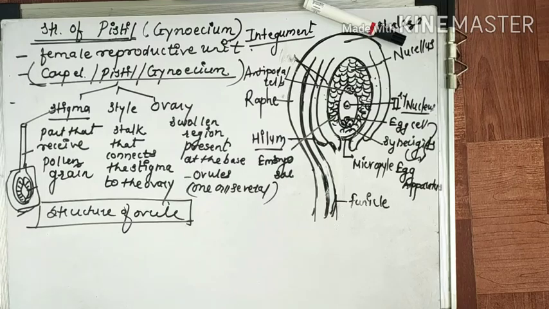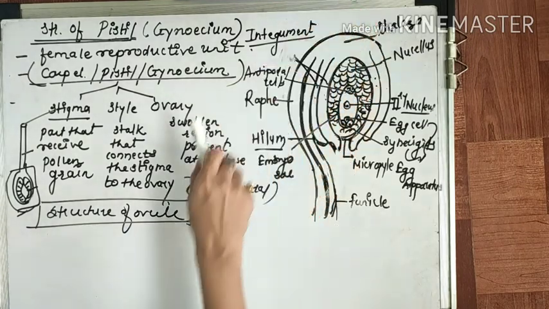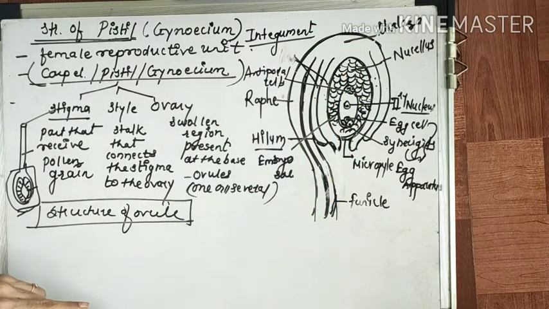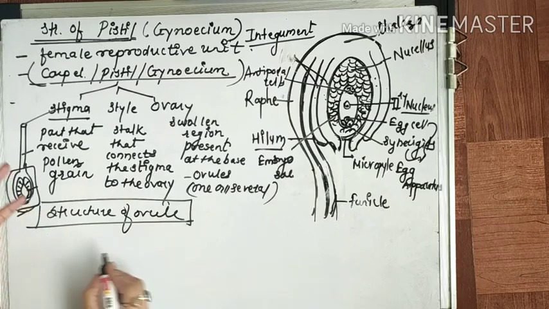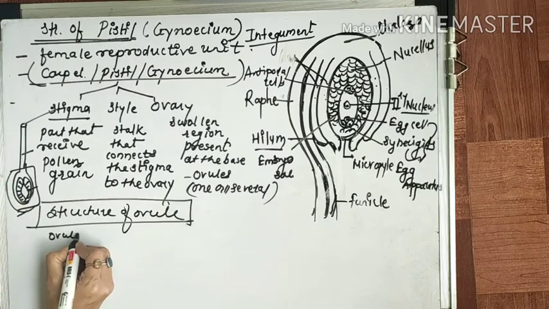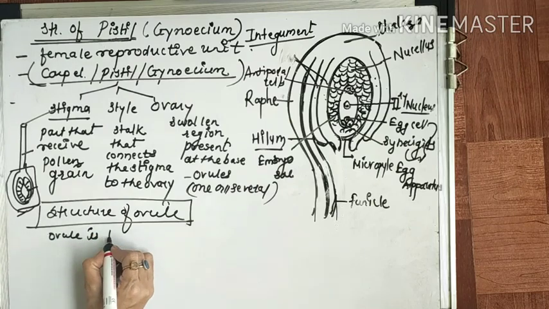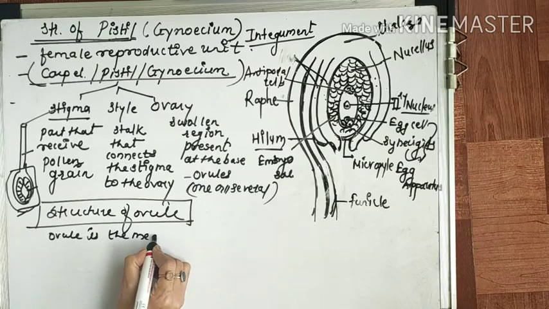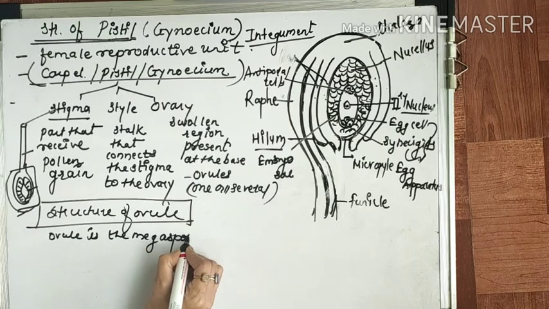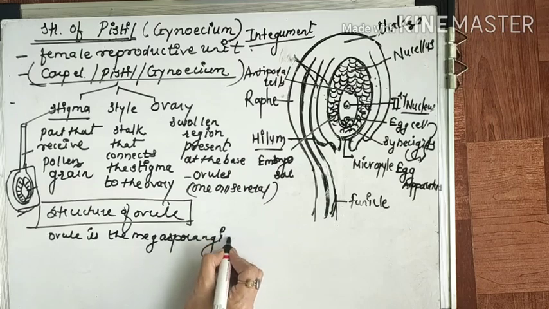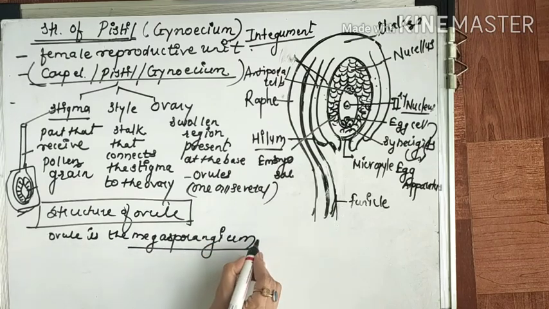So we will start with the structure of ovule. So ovule, how can we define? Ovule is nothing but, as I initially discussed with you all, the megasporangium.